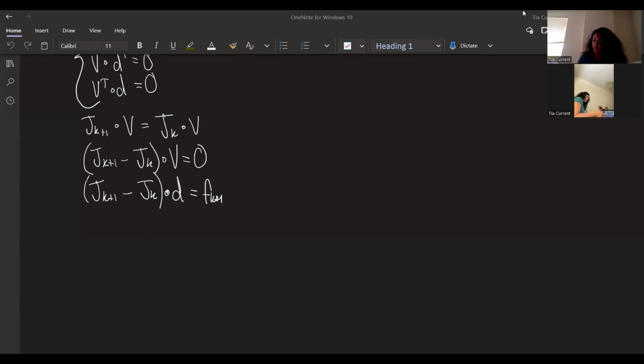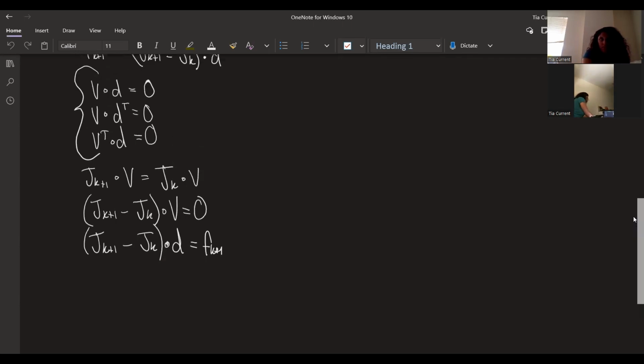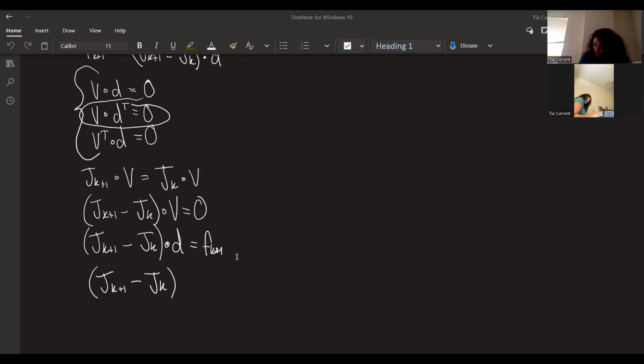Okay, and so with this, we're going to take from the top the v times d transpose is equal to 0, and we're going to say that jk plus 1 minus jk is equal to d transpose.